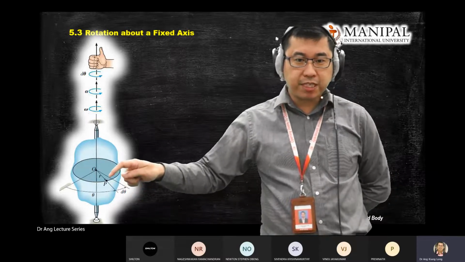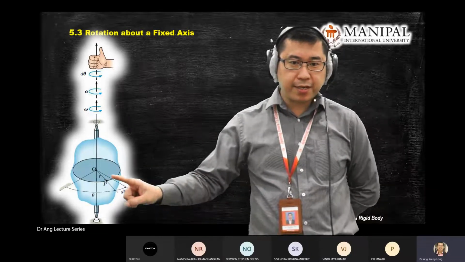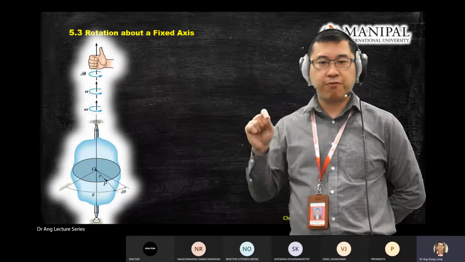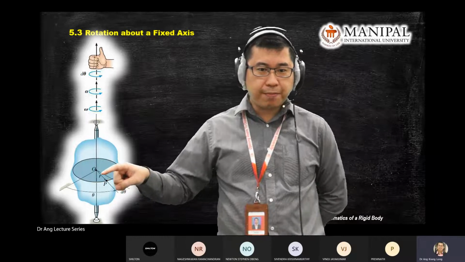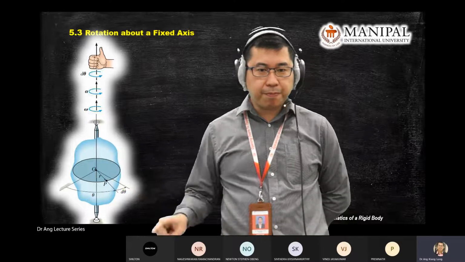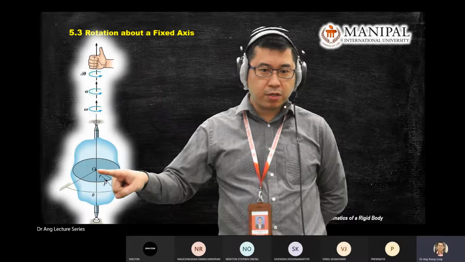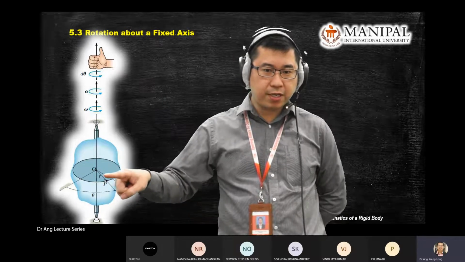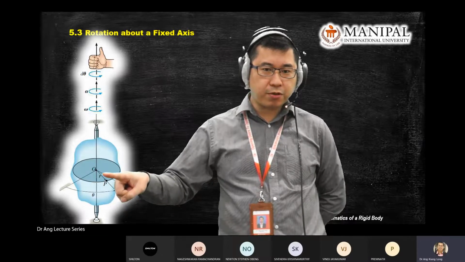We label it as P. How do you define the position of P? You label it as R. You use R to define the position of point P from O. O to P is the distance or the position for P. You use R.